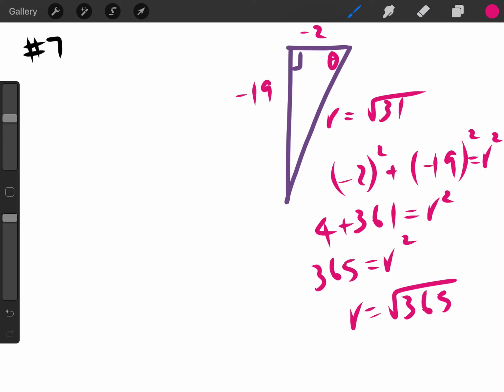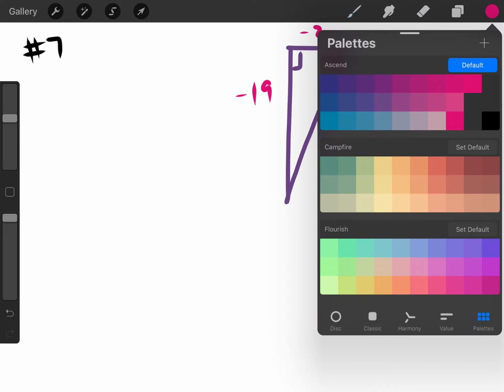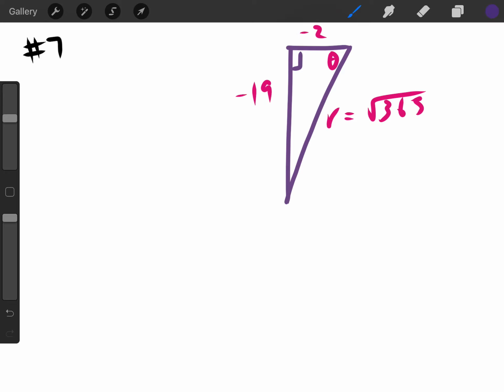Square root of 365. Okay, see, can we simplify this? 365, that's 5 times... 73. Okay, no, sorry. Okay, so let's just go ahead and get started. That was a bad question, man. I'm shocked, I gave you guys a bad question.